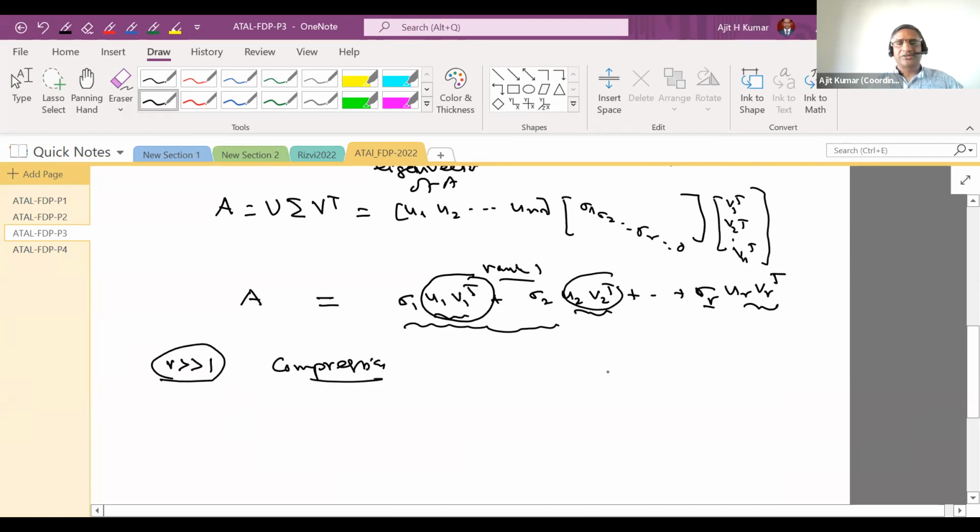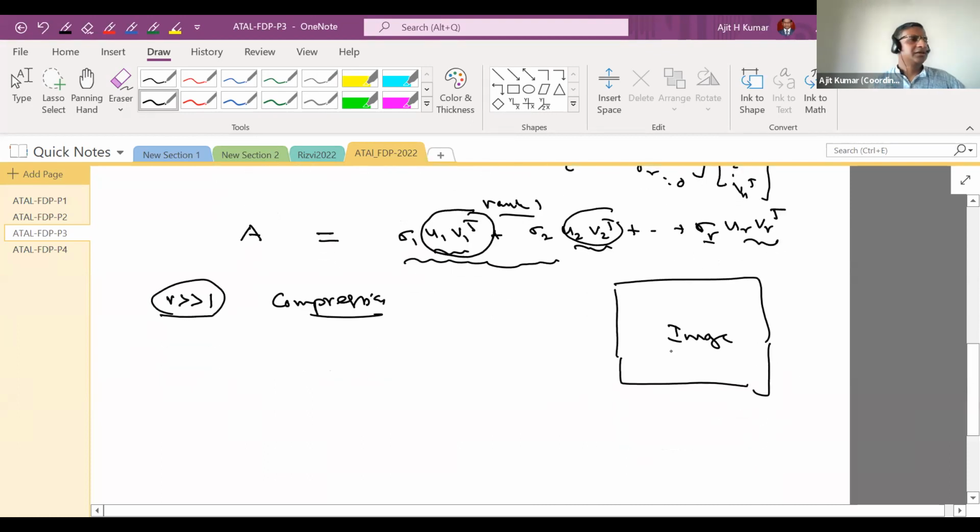So now imagine, suppose you have some image. This is my image, some large image, a few thousand by a few thousand. And any image, we know, consists of a matrix. Any image is a matrix whose values are pixels.